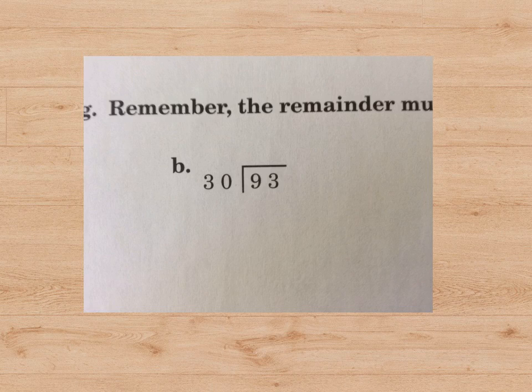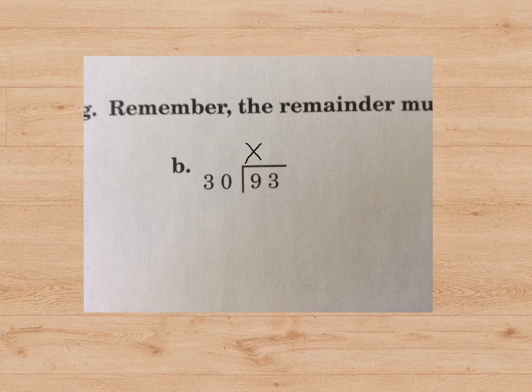Letter B. We're seeing how many times 30 will go into 93. Now we know that 30 will not go into 9, so let's put an X right there. Now I want you to cover up your last numbers, your 0, your 3, and now ask yourself, how many times does 3 go into 9?